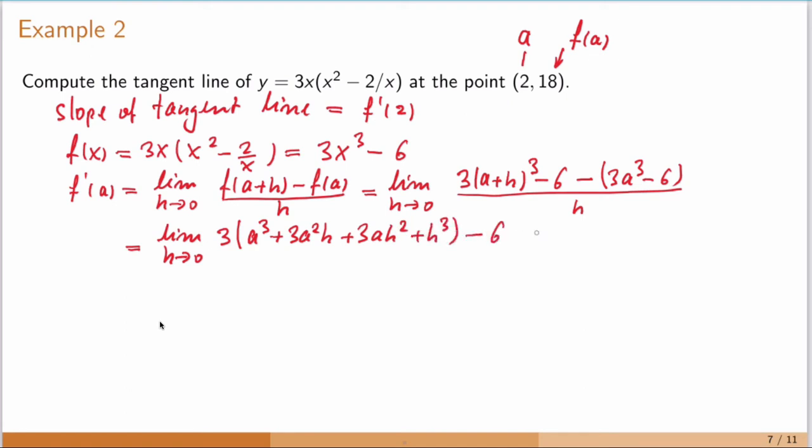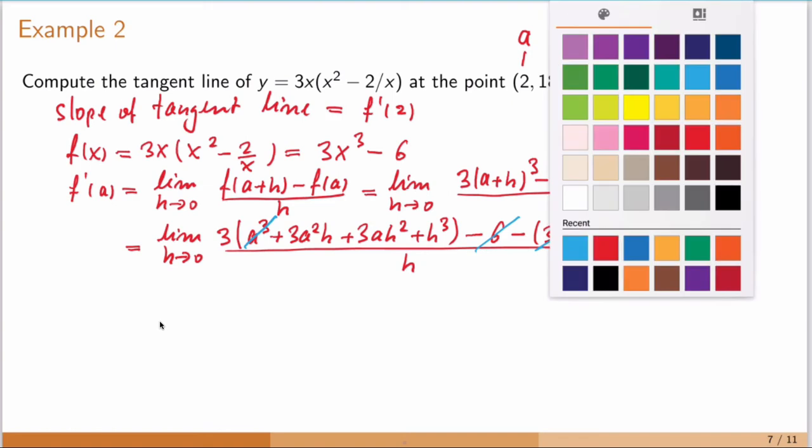And then you have the minus 6, and then there's a minus 3a cubed plus 6, divided by h. And then again, as in the simpler example before, there are terms which cancel. So for example, quickly see that the 6 cancels, right? Here's a minus, and another minus is a plus 6, and there's a minus 6. And then the 3a cubed cancels with the first term here. Alright, the other terms stay.